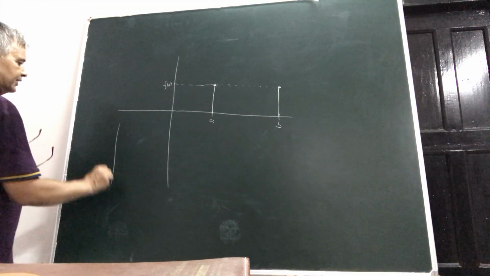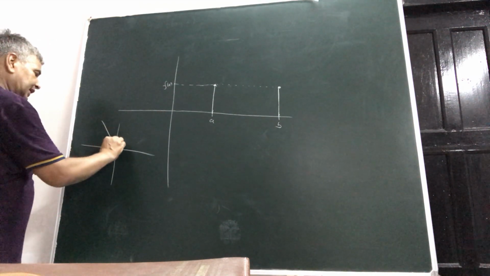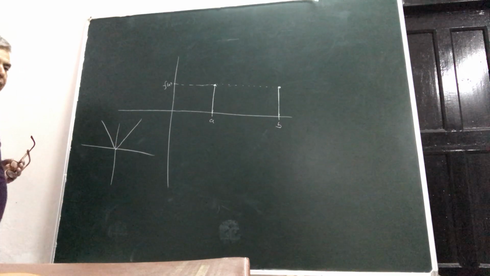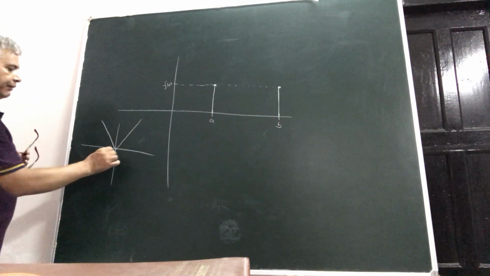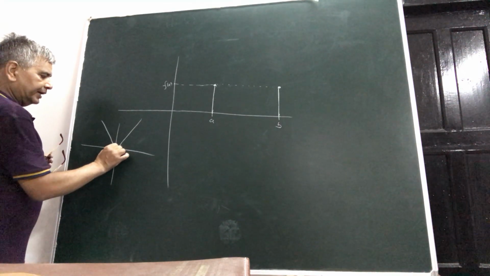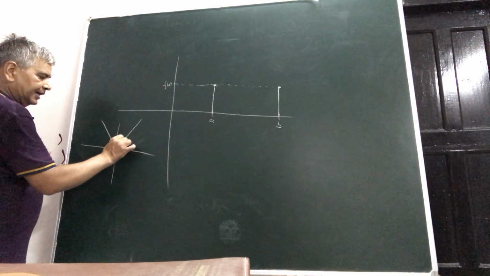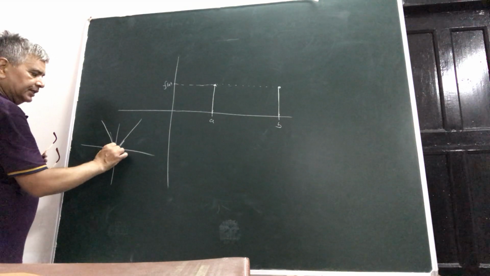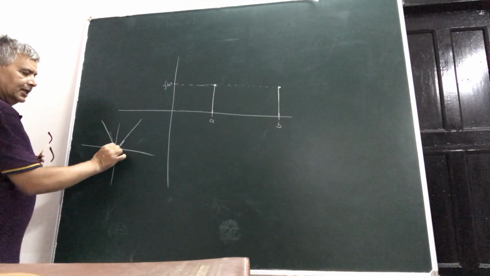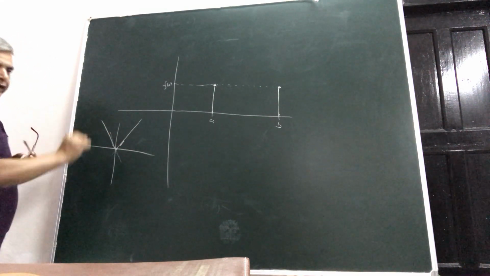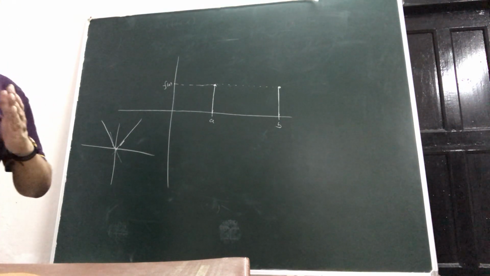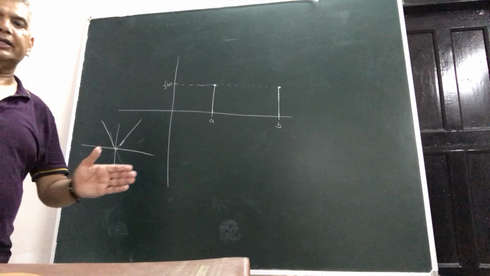Like in the modulus function, we have seen that at 0 the function is not differentiable. Why? Because at this particular point, if you go on the right side then this line will be the tangent, and if you go on the left side then this other line will be the tangent. So at this point the function is not differentiable. Differentiability demands that you can draw the tangent at that particular point.